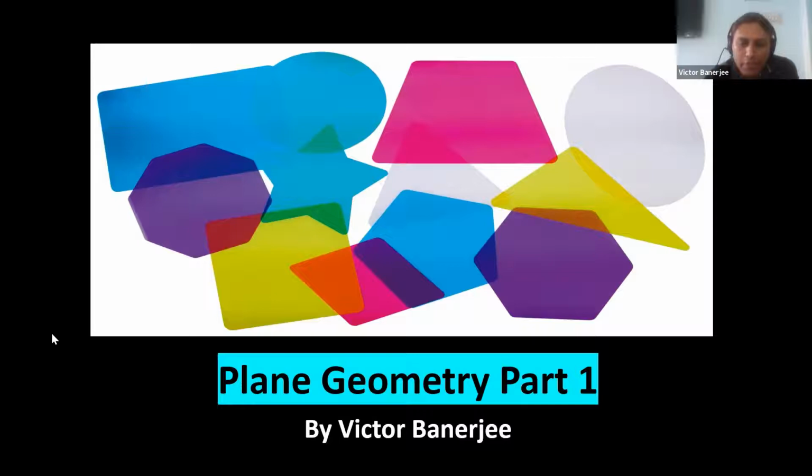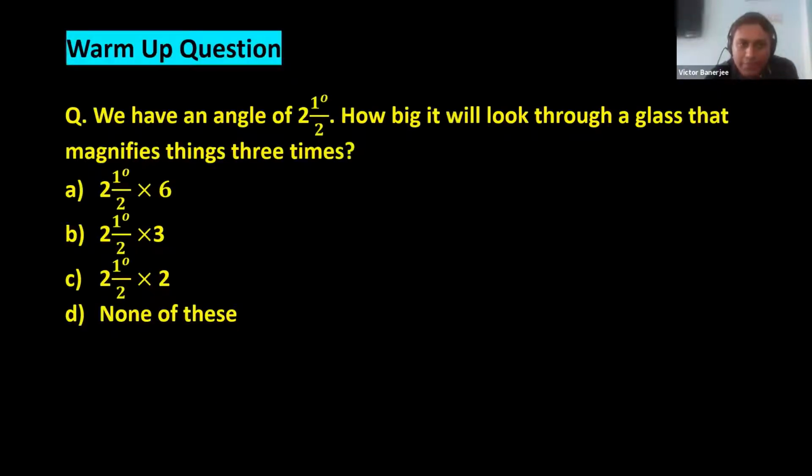Before jumping on the topic, this is your drill question for today. A small puzzle. Look at this question. We have an angle of 2.5 degrees. How big will it look through a glass that magnifies things 3 times? Which option would be the correct answer?